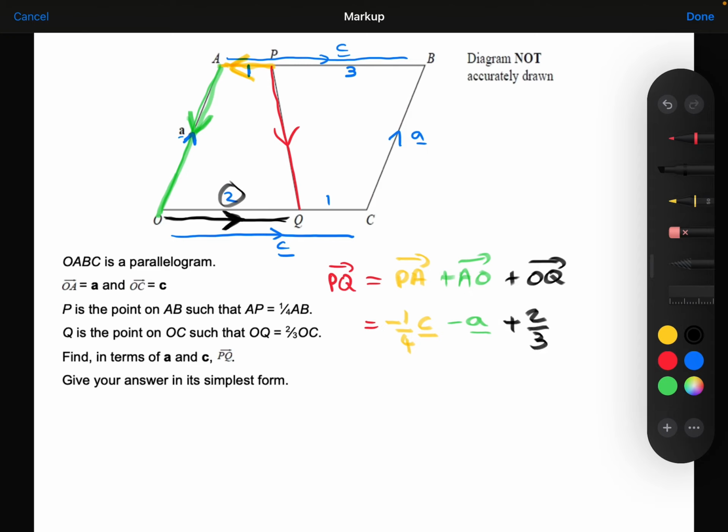So a positive 2/3 C. So that is my vector P to Q.